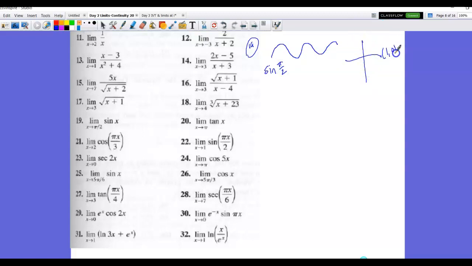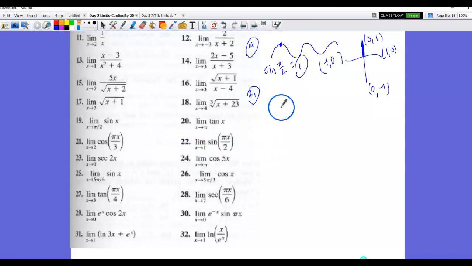I have 1, 0, negative 1, 0. Sine is the y value, so the y value at pi over 2 is here, 90 degrees. The sine is 1, so that graph is approaching a y value of 1.